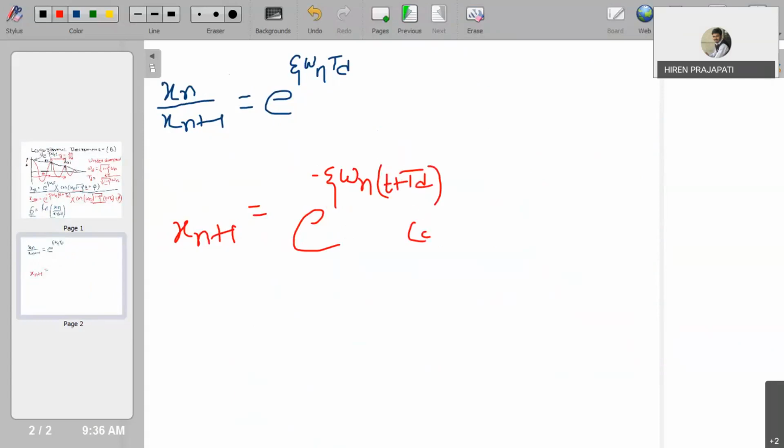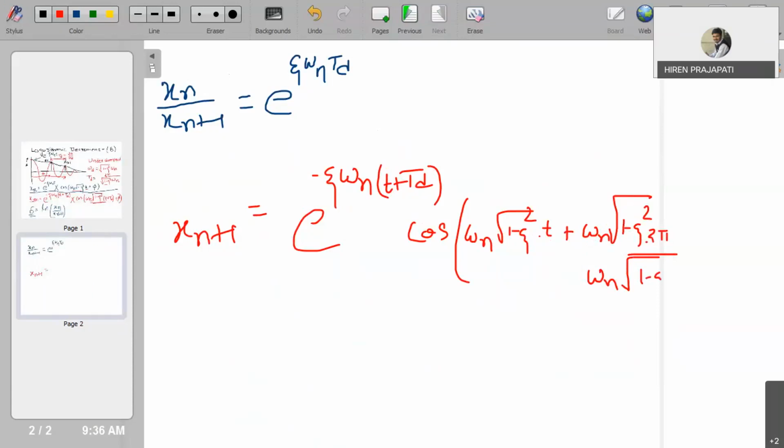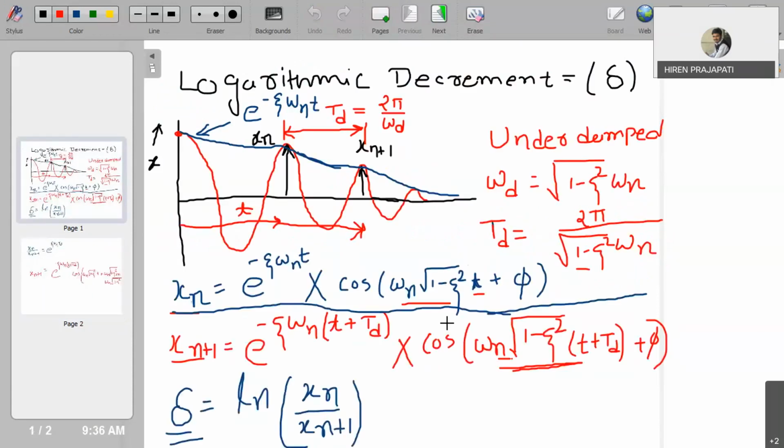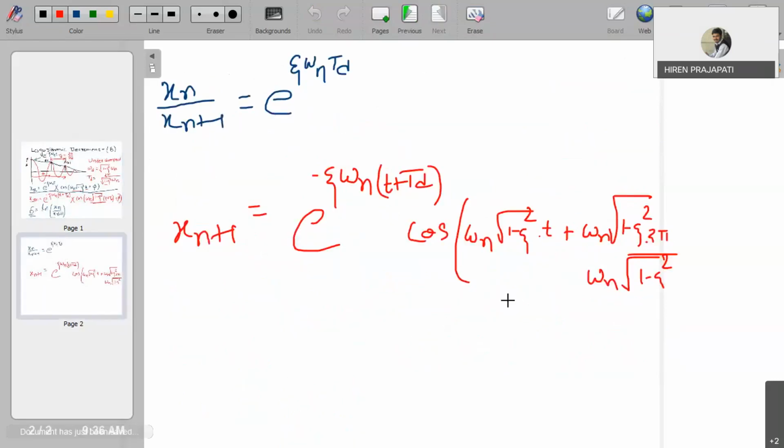Now cos, in bracket we have omega n square root 1 minus zeta square times t, plus the same omega n square root 1 minus zeta square, but now td I am writing as 2 pi divided by this entire term, omega n square root 1 minus zeta square, right? If you look again, what I have done is multiplied this 2 and this 2, and then plus phi. So plus phi, right?